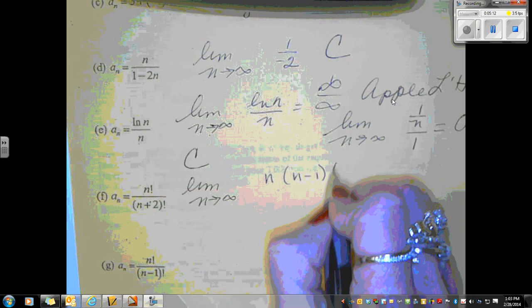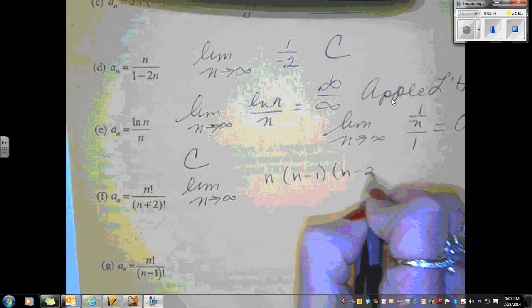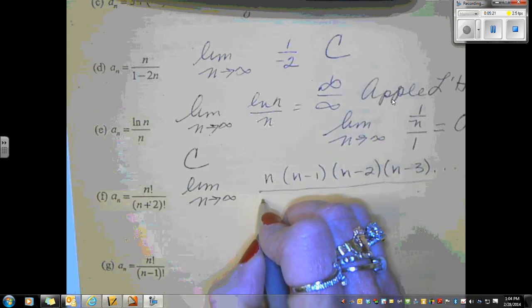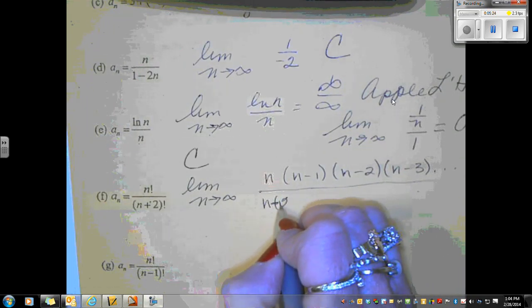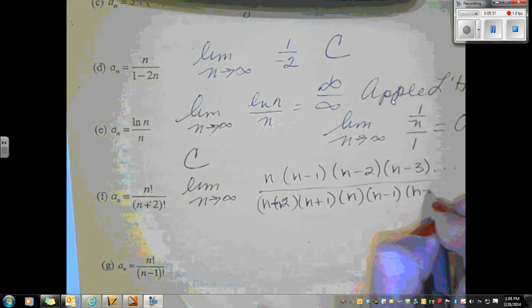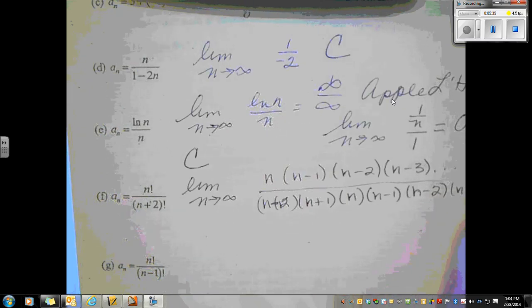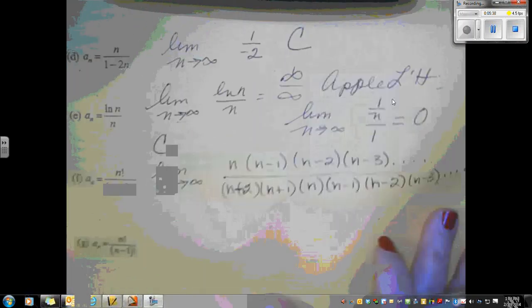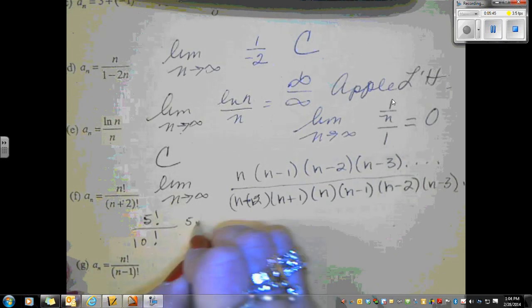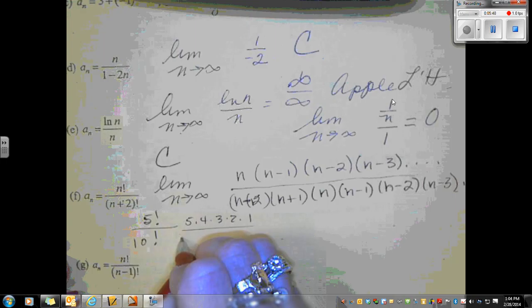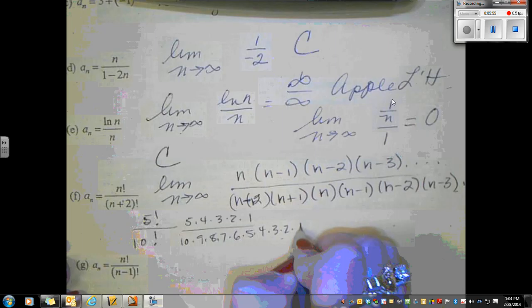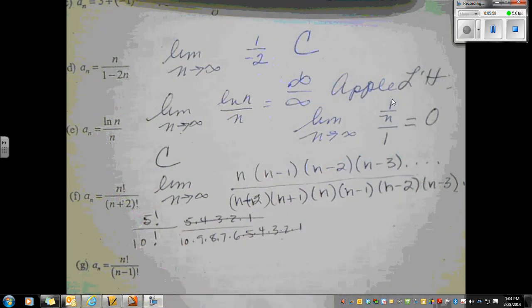So we have n times n minus 1 times n minus 2 times n minus 3, etc. This one is n plus 2 times n plus 1 times n minus 1 times n minus 2 times n minus 3, etc. Because if I have 5 factorial over 10 factorial, we have 5 times 4 times 3 times 2 times 1 over 10 times 9 times 8 times 7 times 6 times 5 times 4 times 3 times 2 times 1. This and this go away. Okay, so that's the deal.